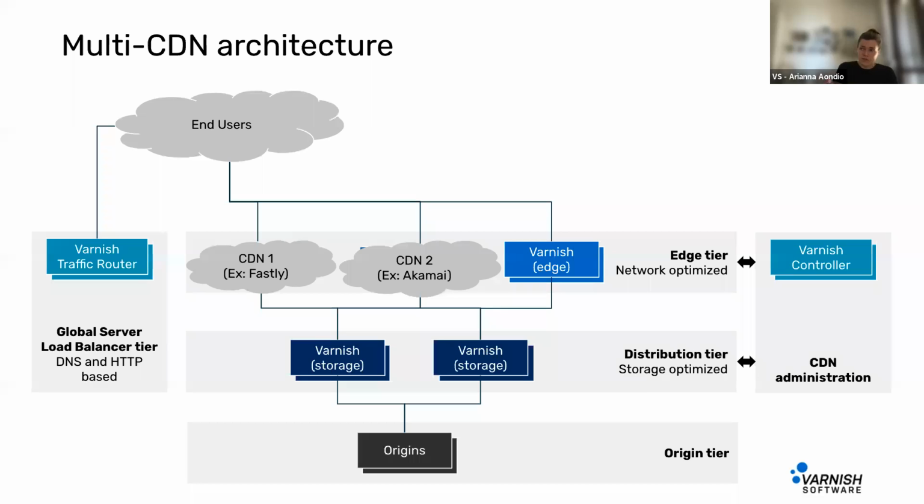I'll just give you an example. So if we look at the US and where commercial CDNs will have points of presence, you will notice that most of them do have great coverage and a lot of data centers on the East Coast and the West Coast, whereas the central part of the US is much more empty.